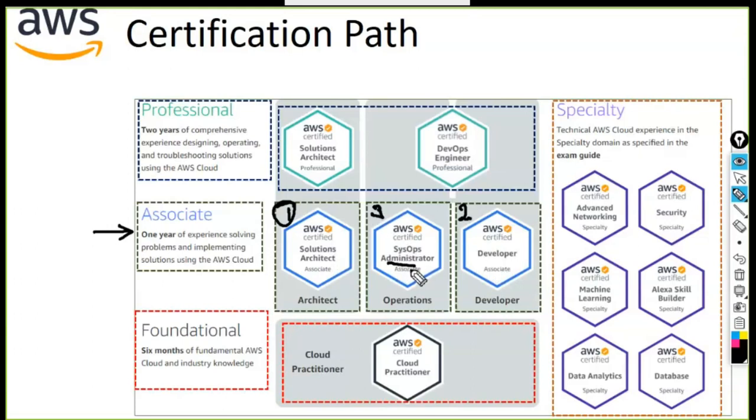The third certification that we have to go for is SysOps Administrator. The SysOps Administrator is the toughest exam in the associate layer, and that's what the community says. Between 2 and 3, you need to take a short break.